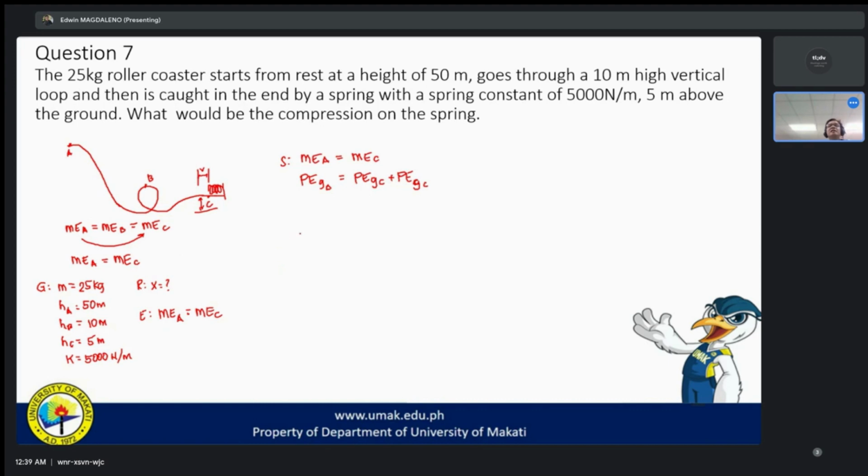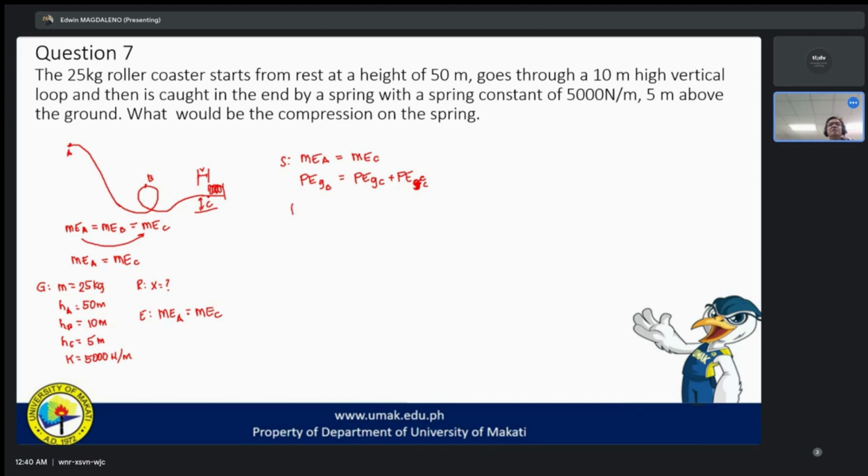Now, what we are looking for is the compression, so it is in the PEE, not PEG. Sorry for that. PEE at point C. So what we need is its elastic potential energy at point C. So, we transpose PEG to the other side.